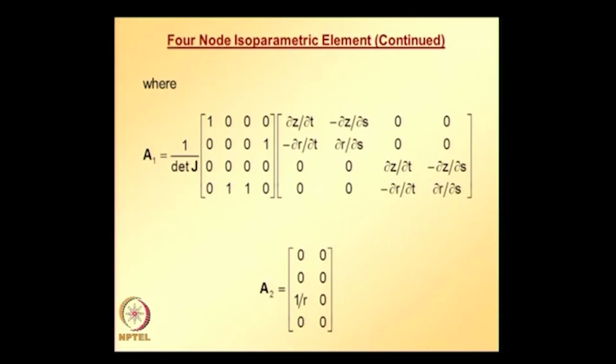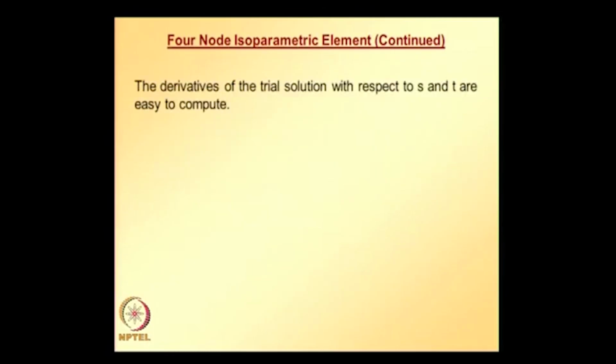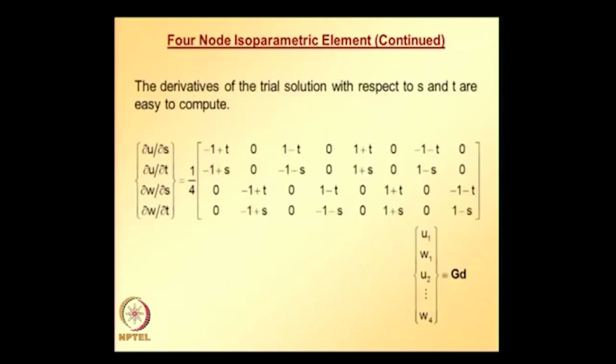If you see the previous equation, it involves the partial derivative of u with respect to s and t, and the partial derivative of w with respect to s and t. So, we need to make a note of how to calculate that.